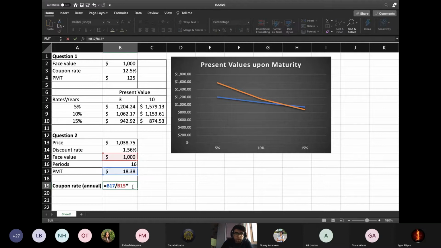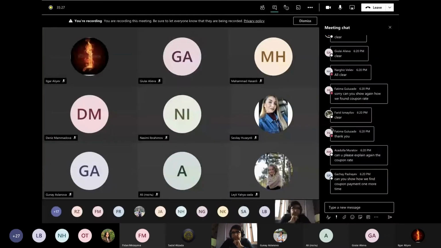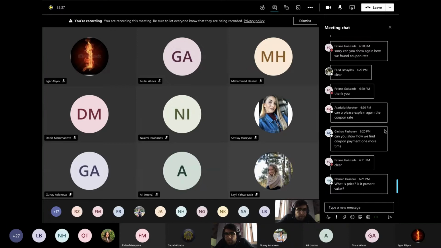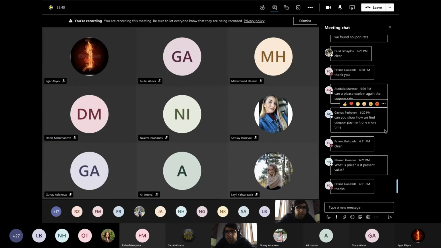So therefore multiply by 4 in order to find annual. 7.35% annual coupon rate. Is it clear now? Gachay and Asadullah, is it clear for you also?